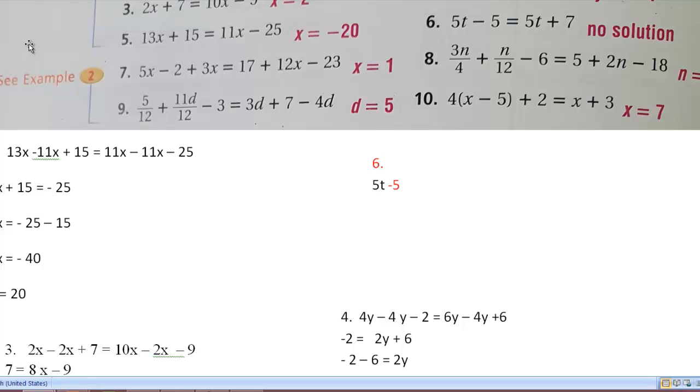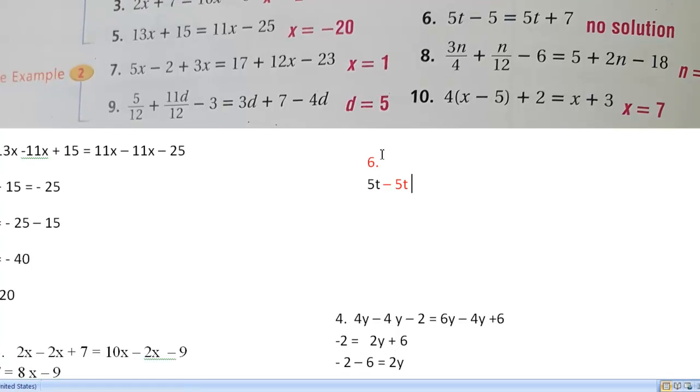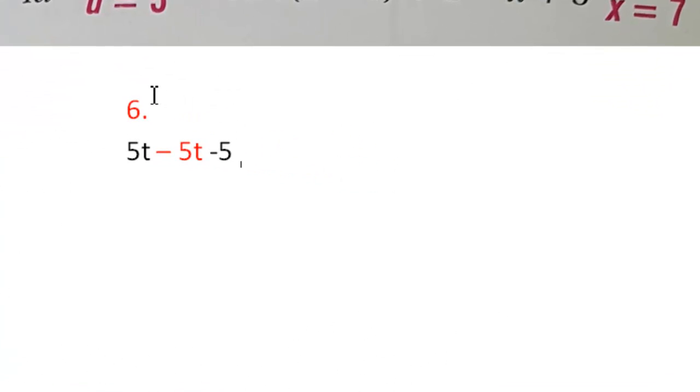And we have the original negative 5. This equals the other side, where we have the original 5t, and I will subtract 5t again.